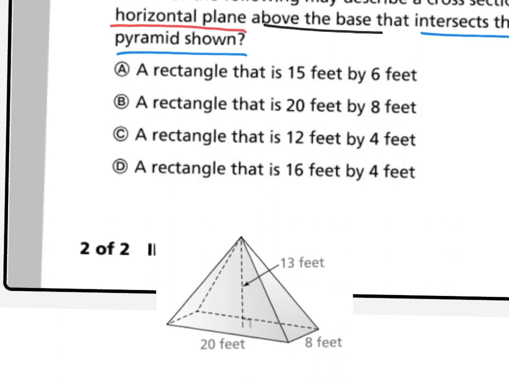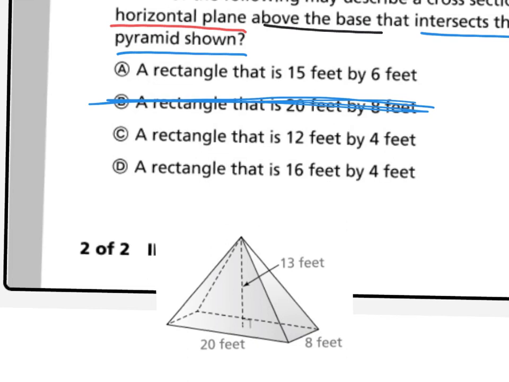If we're slicing this above the base, our base is 20 feet by 8 feet, so the rectangle cannot be that big. The rectangle is going to have to be smaller dimensions than that.